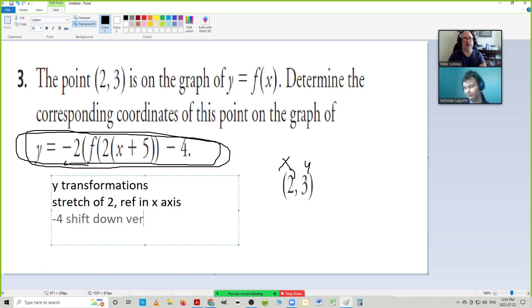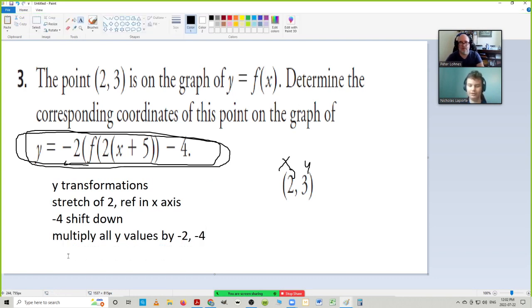Shift vertically, yeah, shift down 4. So what would now be my mathematical applications? In other words, what do I do to all my y values to create that? Multiply by -2 and subtract 4. Yep. So do that for that y value they gave you.